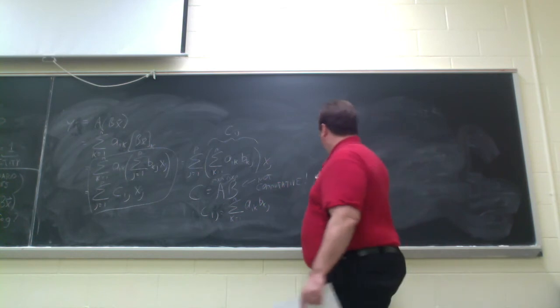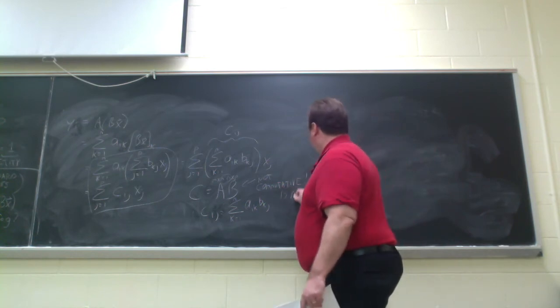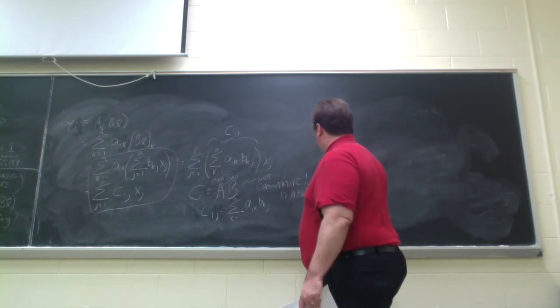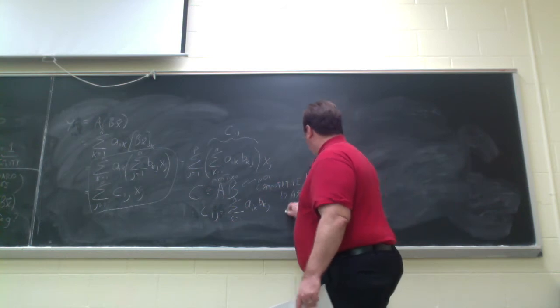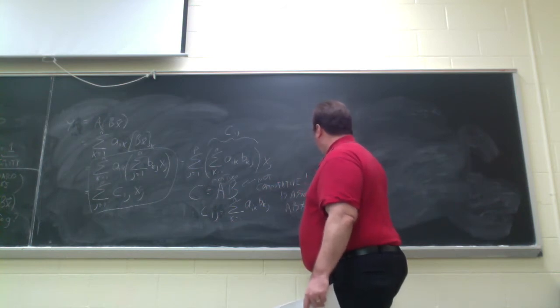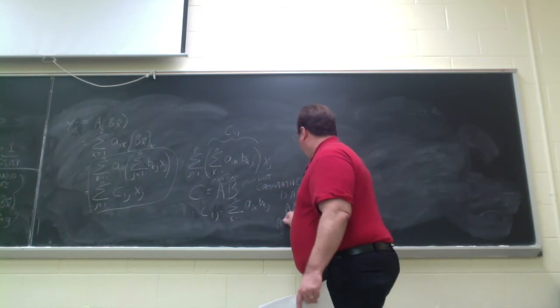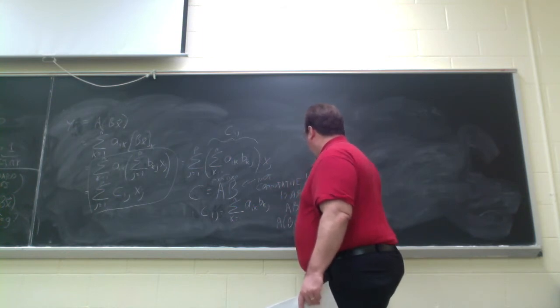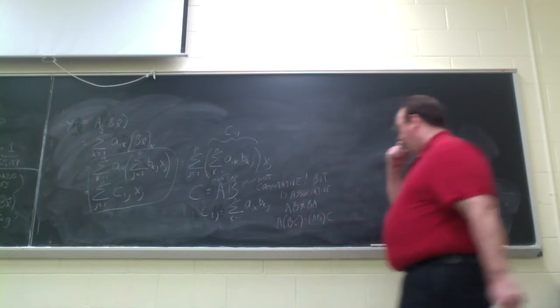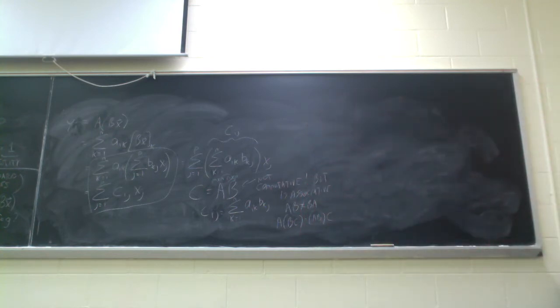AB, even when it is defined, is not necessarily equal to BA. However, it is associative: A times the product BC is equal to the product of A and B, all multiplied by C.